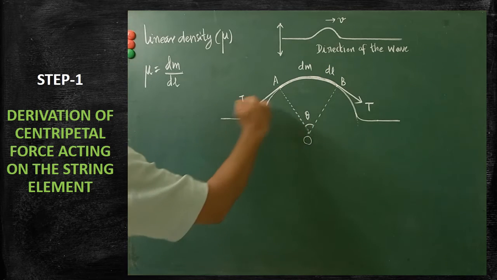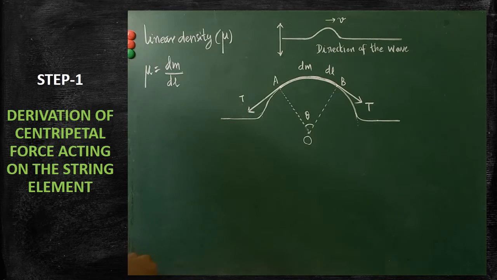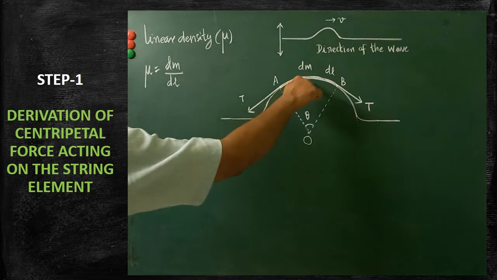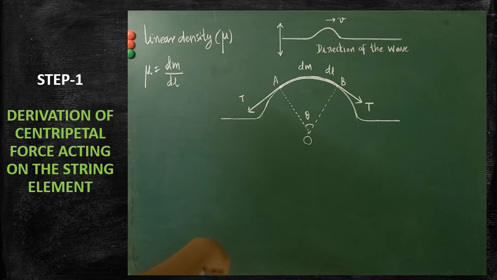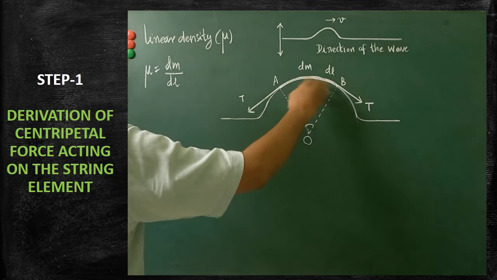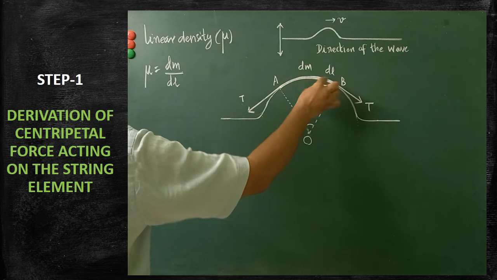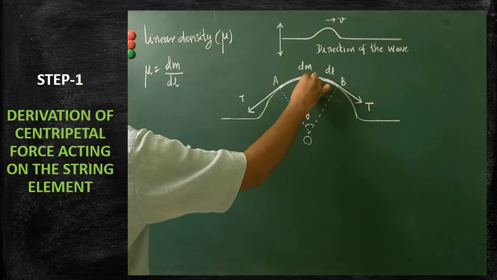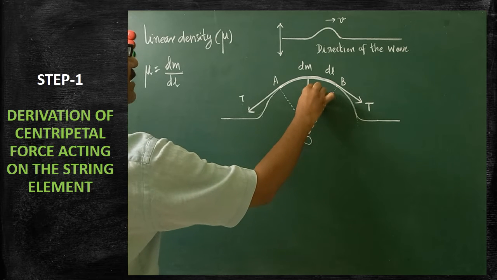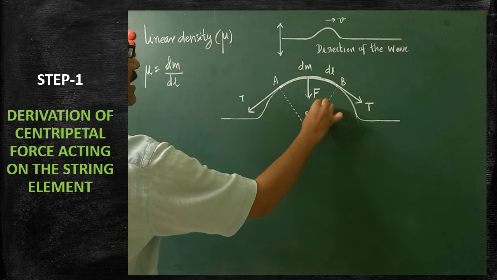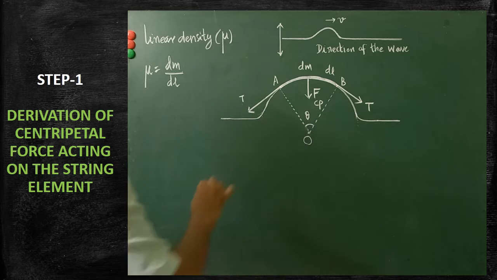Now, due to this tension, there will be a centripetal force acting towards the center. Here this small circular part is there, so in this portion there is a force which is acting towards the center. That force is called the centripetal force, written as FCP. Why CP?